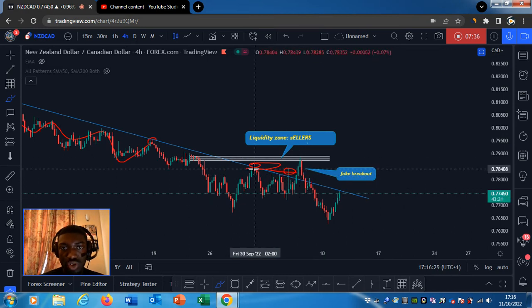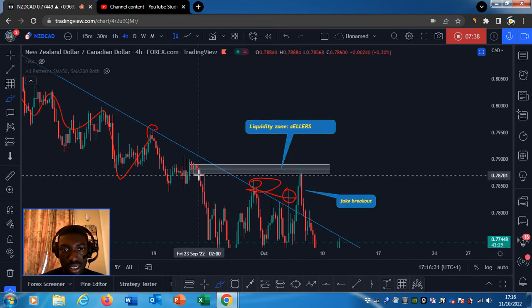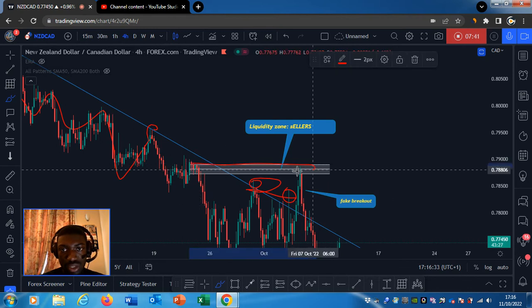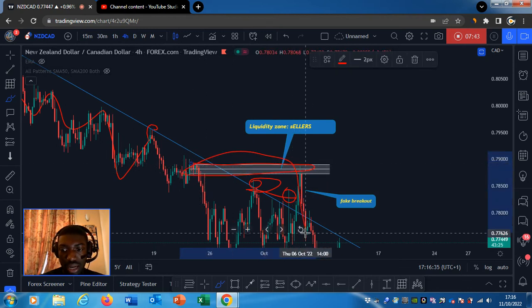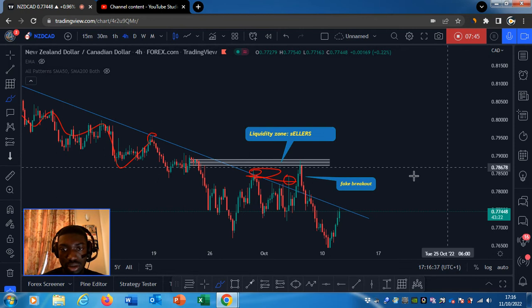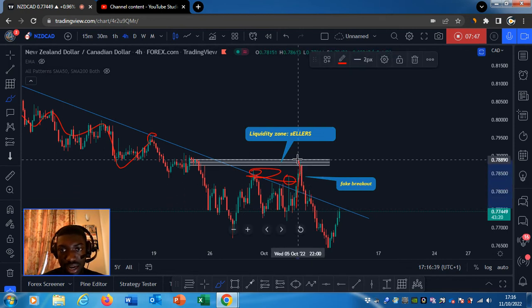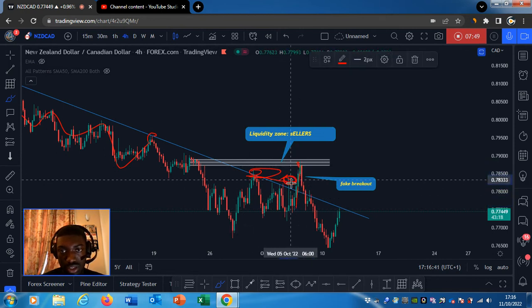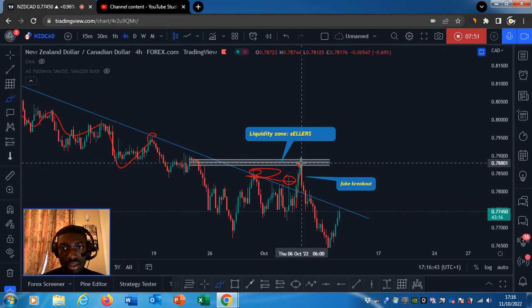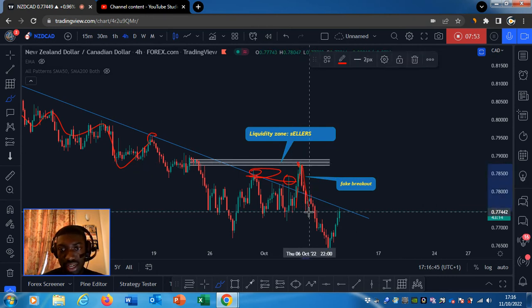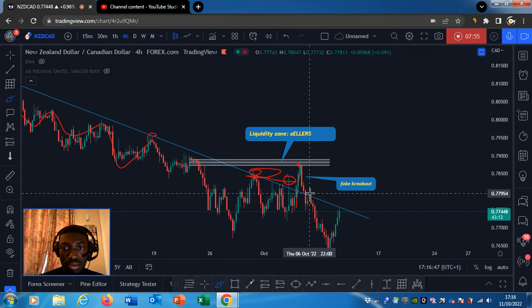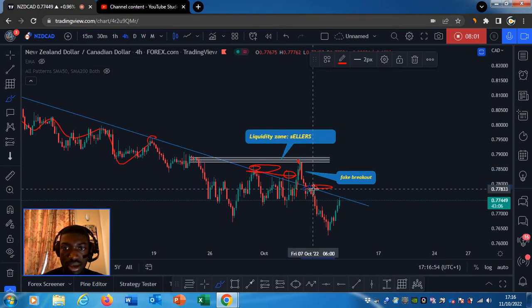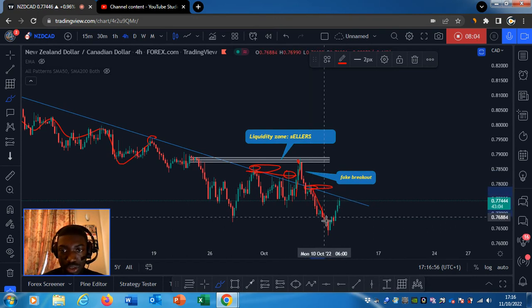However, because institutions know that there's still liquidity to touch, at least up to this resistance, before a push downwards, they would push price in terms of a fake breakout, take out all the stop losses, stop hunts here, and then change direction straight to below the trend line, come and test this trend line, confirming that the sells are still valid, and push price downwards.